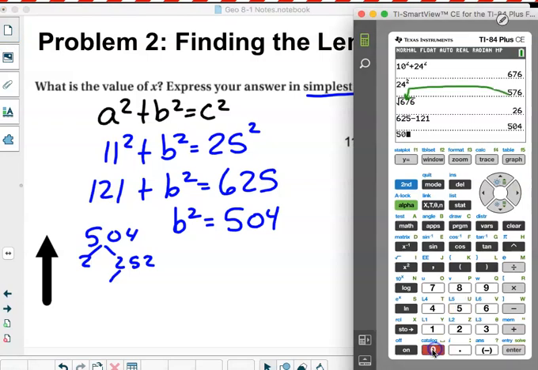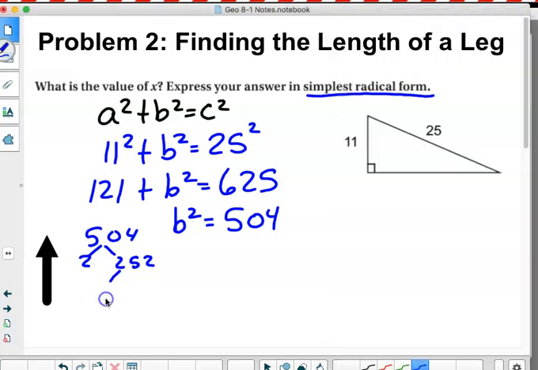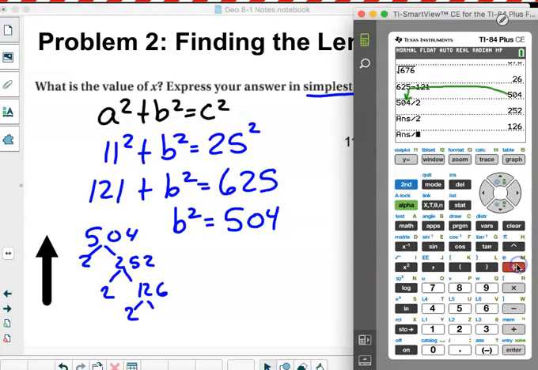I've got 504 divided by 2, and I'm going to divide that by 2 because it's even, so I get 126. I'm going to divide that by 2, and I get 63.